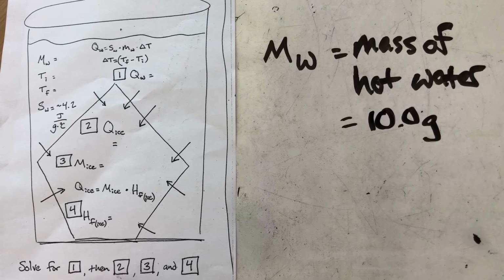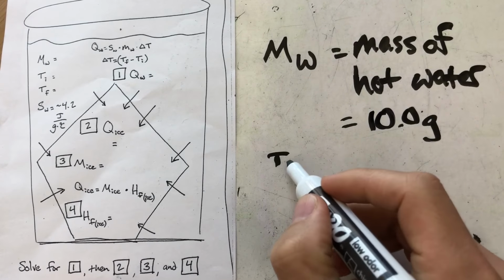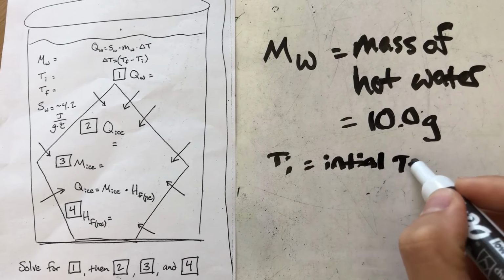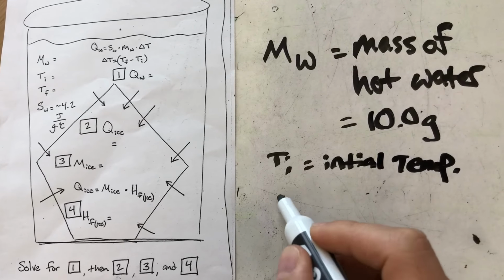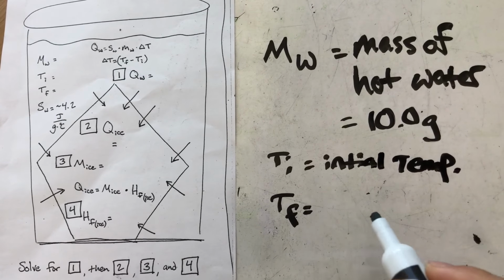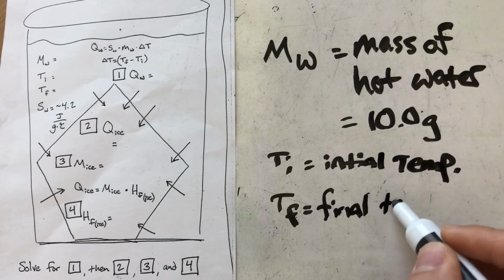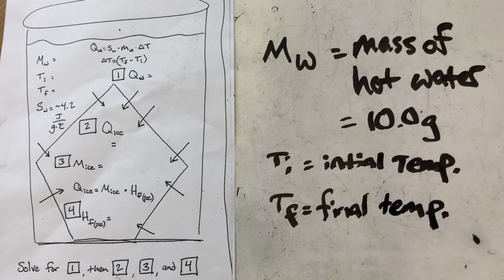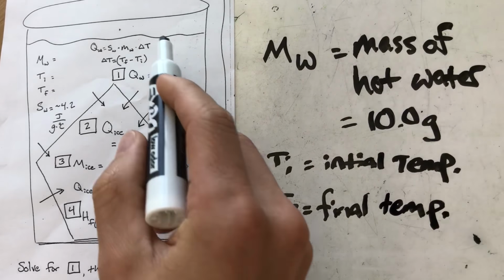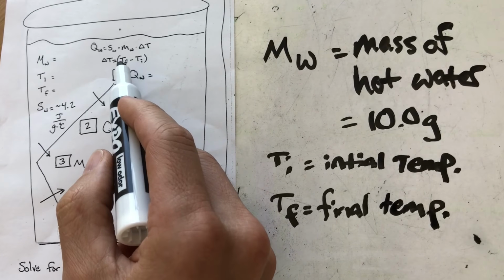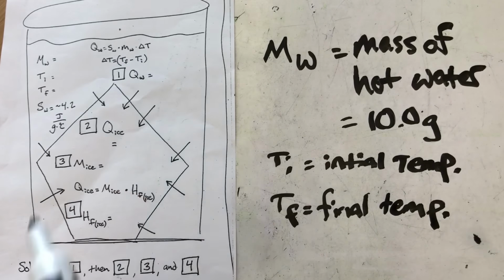TI stands for T initial. So TI is initial temperature, and TF is final temperature. Okay, so during our heat calculation, you have to find delta T. Delta T is the final temperature minus the initial.